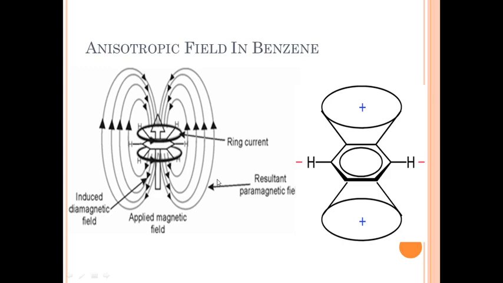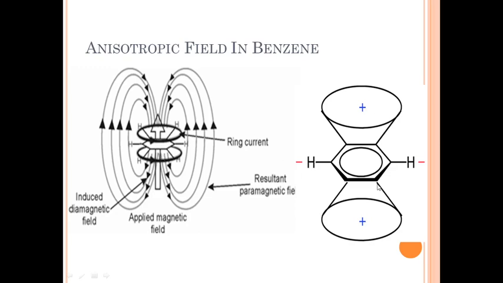It means that at the center of the benzene ring, the applied magnetic field is opposed by the induced magnetic field, it means that particular protons which lie in that region experience less magnetic field. It means that the protons at the middle portions are shielded.